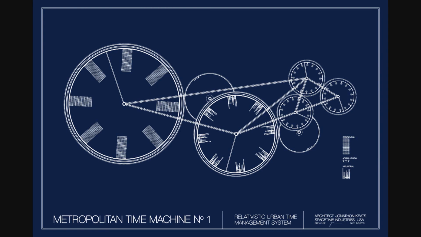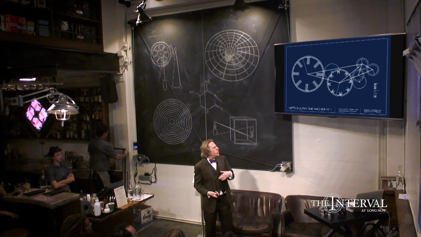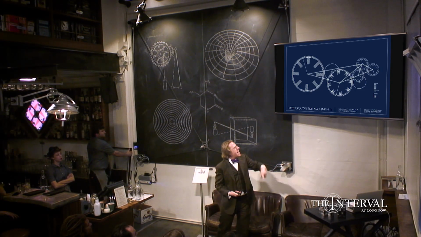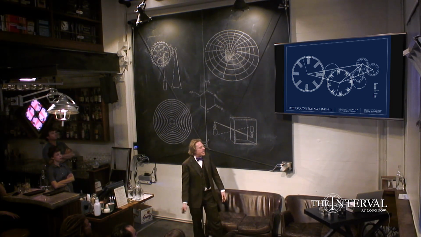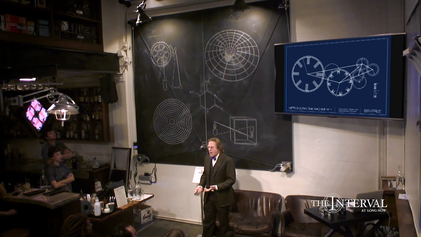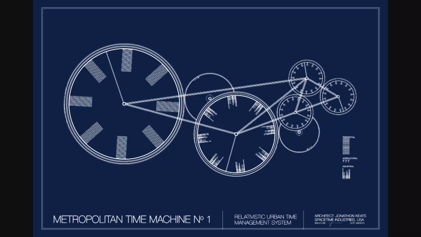Those of you who know clock making are probably able to figure out that what's going on right here is that the residential district is spinning at a rate that is going to give you a relatively long lifespan compared to, those are trees, that's the agricultural district on the other side, so you get to eat well. And in the middle is the industrial district, which frankly we do need our iPhones and other plastic things, but not too many of them, so it seemed like it really belonged in the middle.